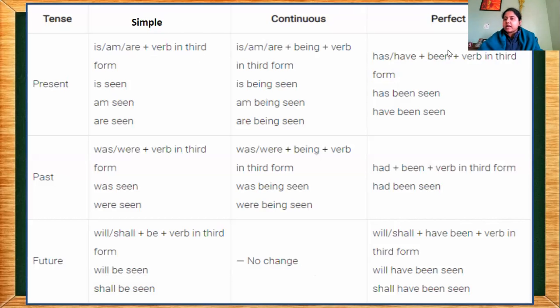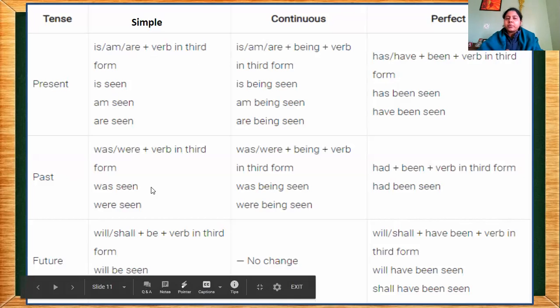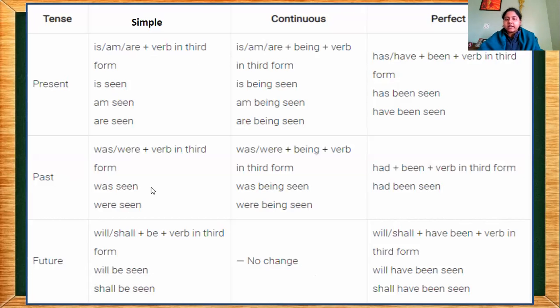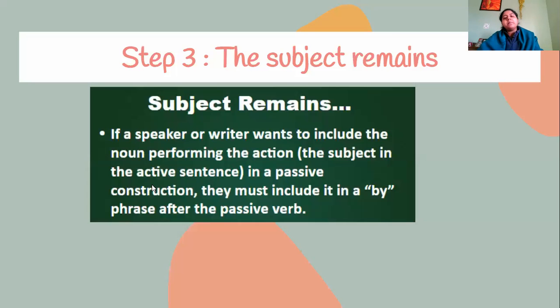Then has, have been के साथ past participle form में verb. This is how we'll convert the tense of it. ठीक है. Verb को इस तरह से handle करेंगे. And then last step will be, you will just add by in front of the old subject, so that it is clearly understood कि किसने किया था, who is the doer in this case. So we'll add by.